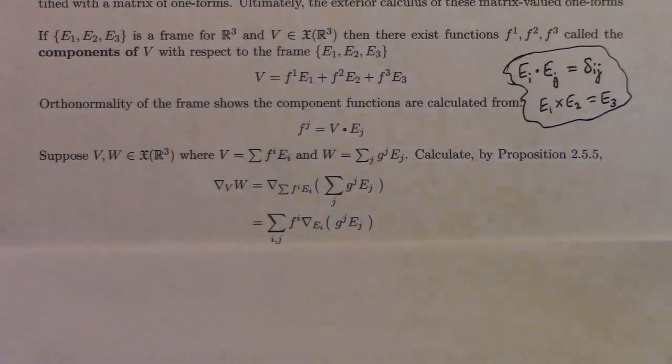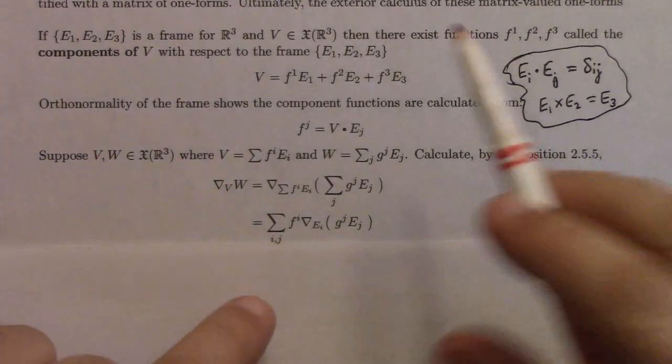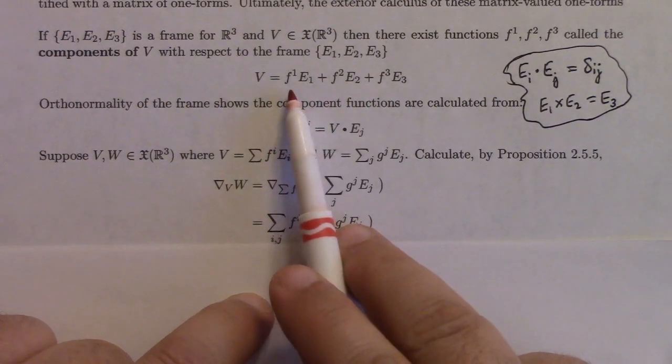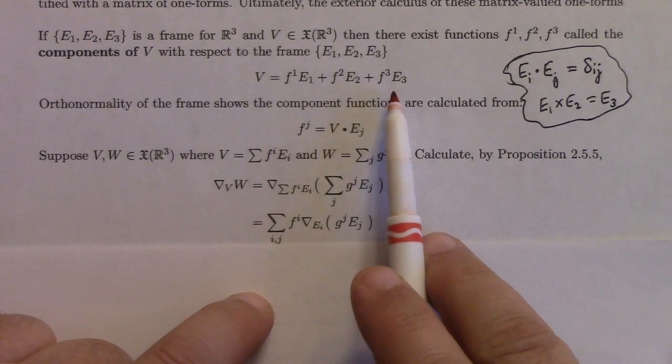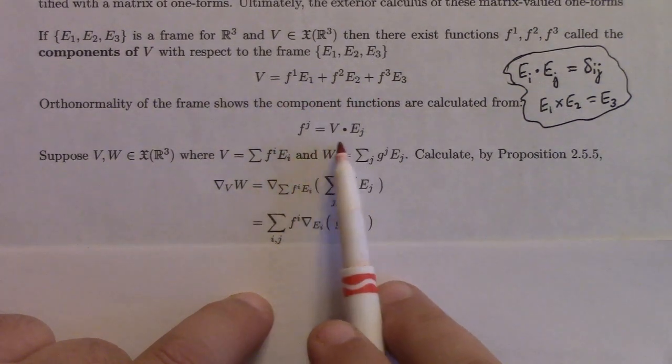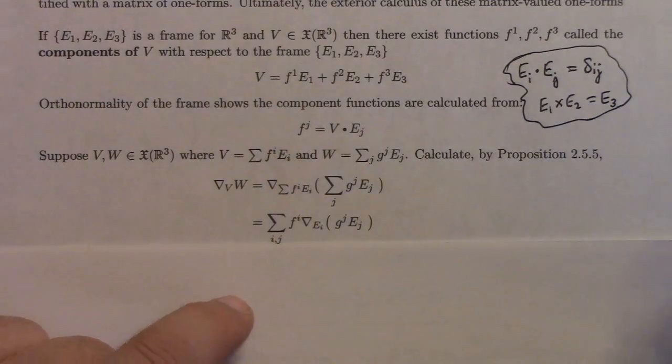It's orthonormal and right-handed. And in any event, if you have such a triple and you expand a vector field with respect to that frame, then these component functions with respect to the frame, well, they're generally functions, and you can get them by taking the dot product of v with e_j. All right.